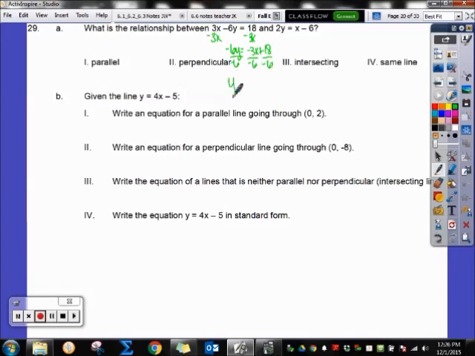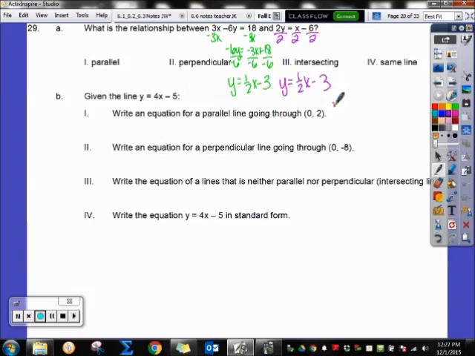So y equals, that's going to reduce to 1/2, and then that's going to be 1/2 x minus 3. Now on the second one, I just have to divide through by 2, and then my y will be on the side by itself. So y equals 1/2 x minus 3.